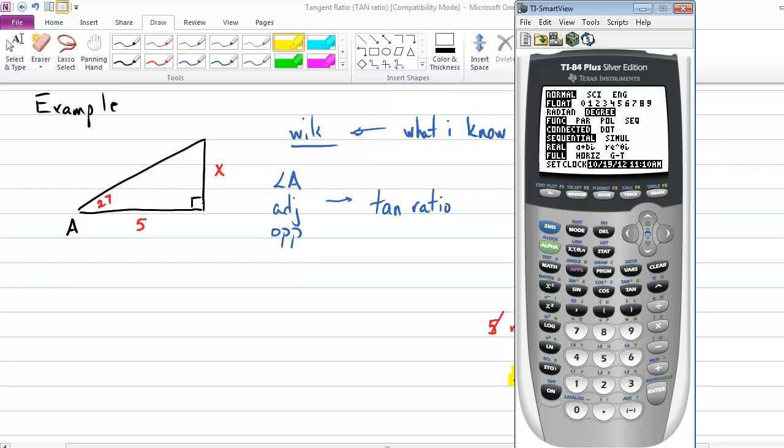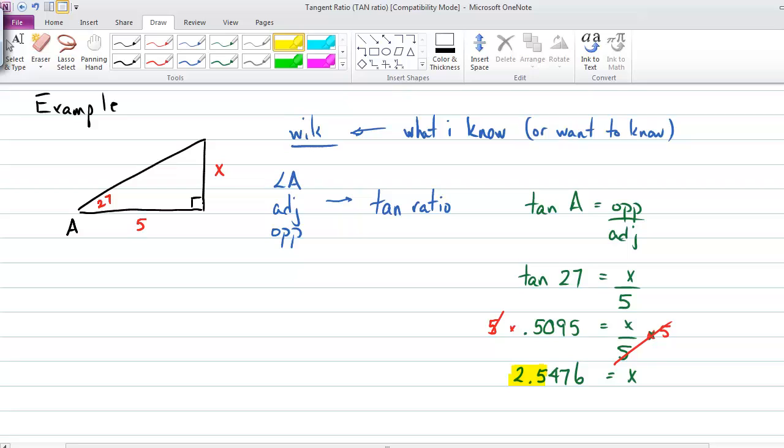So you need to scroll down and go over, use the right arrow until degree is flashing, hit enter, and then you will be good to go. And if you ever get in a screen on your graphing calculator and you want to get out of it, you always press second mode.